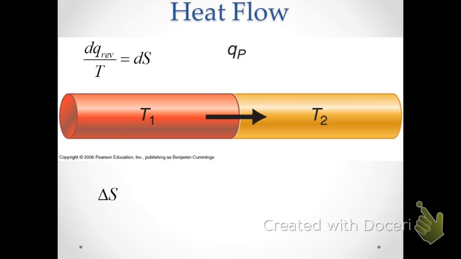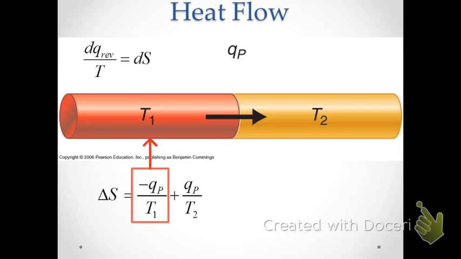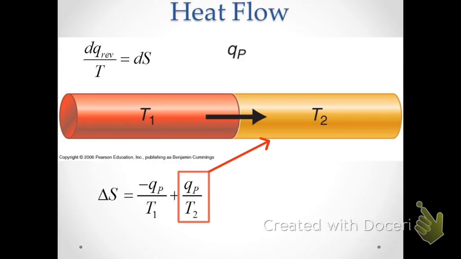Let's take a look at how we would use our definition of entropy to determine the total entropy change for this particular process. It is going to be equal to negative Q sub P over T1, because body 1 loses an amount of heat defined by Q sub P. And then the second term, Q sub P over T2, corresponds to the entropy change associated with the transfer of heat into body 2.